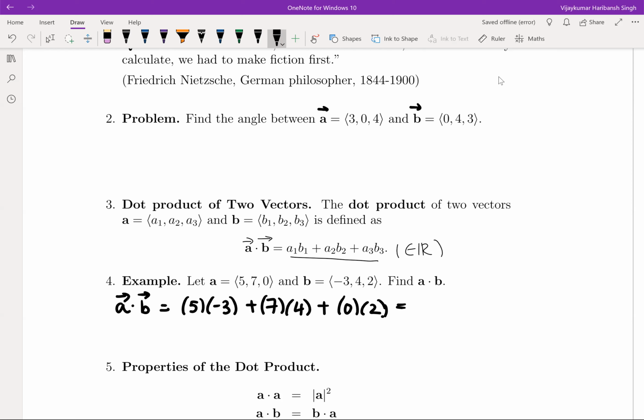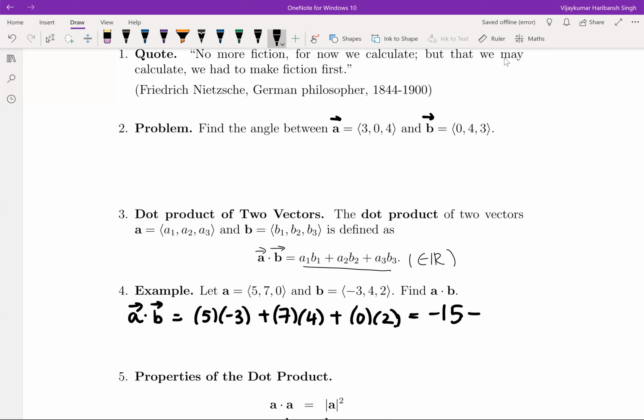And the output is 5 minus 15 plus 28. That is going to be 13. So this is the dot product of these two vectors.